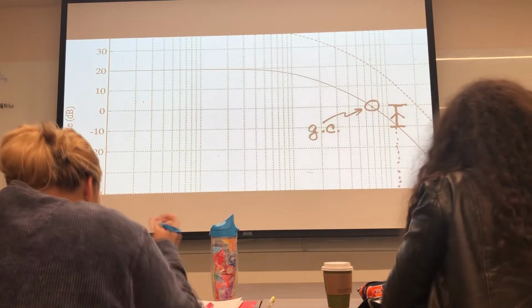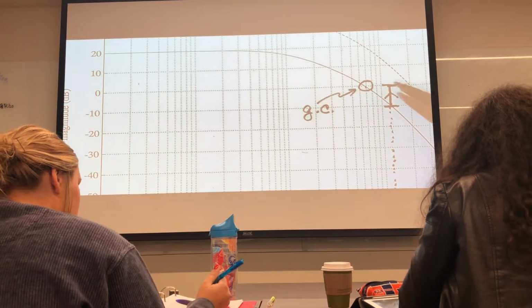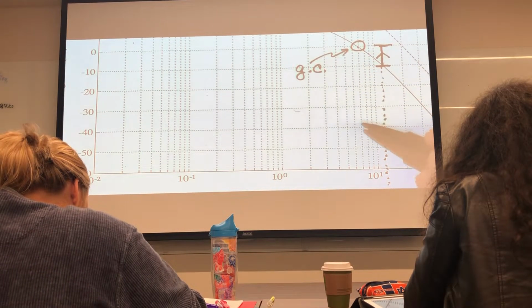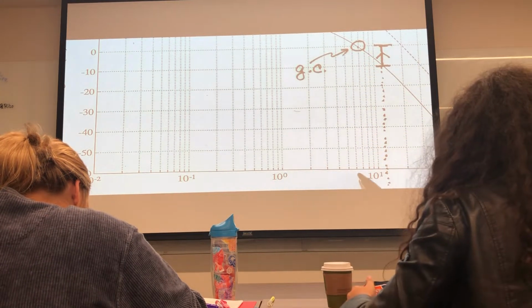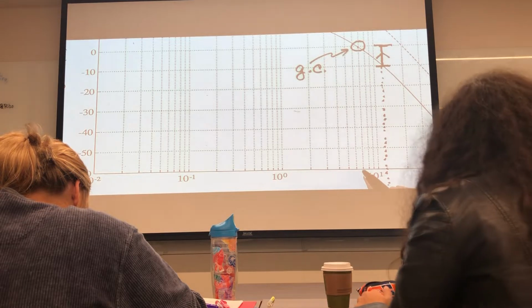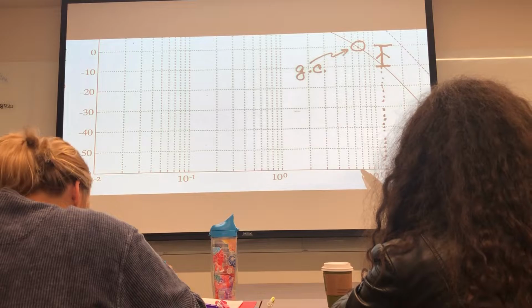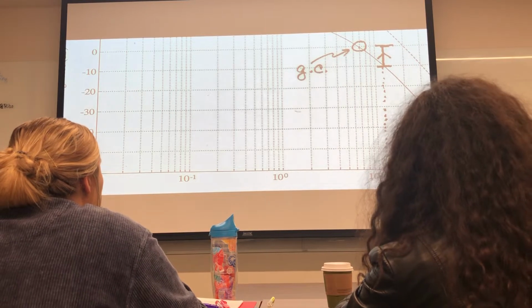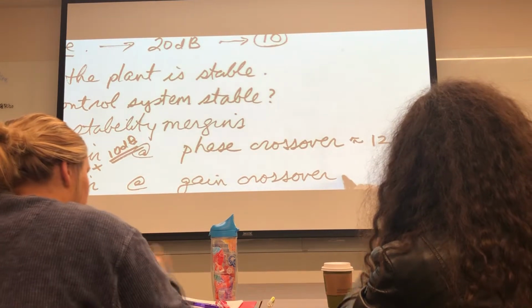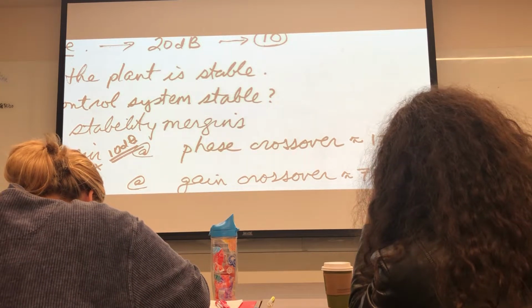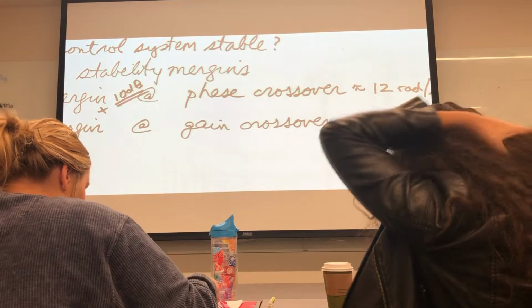Okay. So the gain crossover, again, we read the scales, come down here, right there. That looks like 10, 9, 8, 7. Seven radians per second.